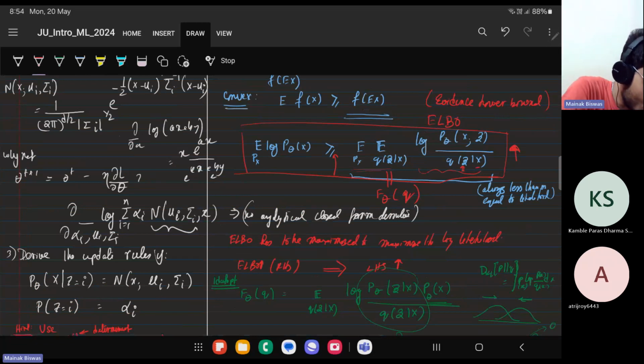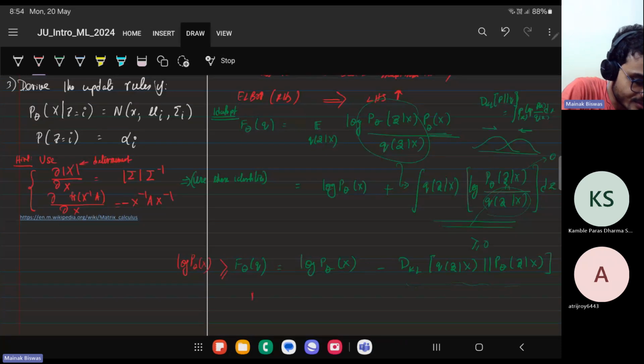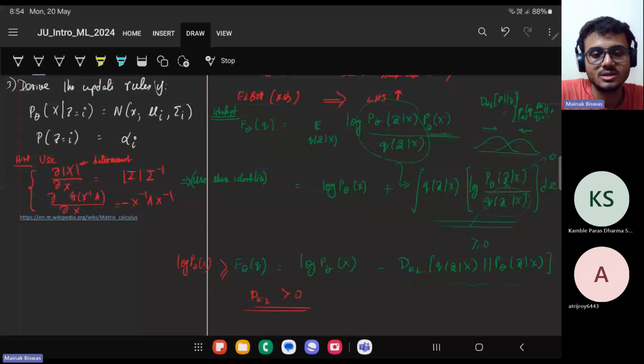The left hand side is log p theta of x. The right hand side is what we calculated just now, f theta of q. Correct. So now you see this also says that KL divergence is greater than 0. This is also another way to show that KL divergence is greater than 0.